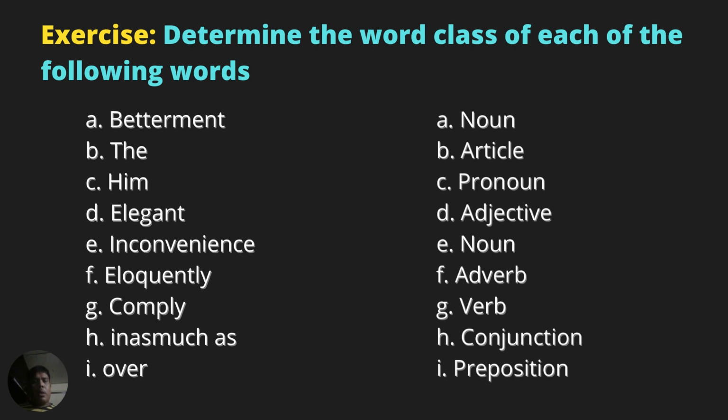The next one is "elegant." Elegant is an adjective. Then adjective is also under the content words because elegant can be changed to other words when it is attached by other morphemes, for example, "elegance."